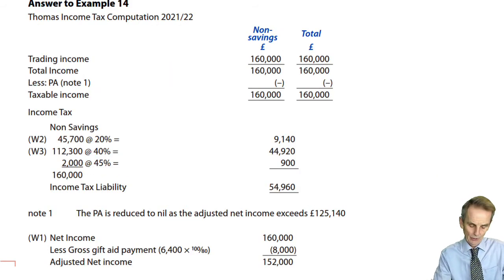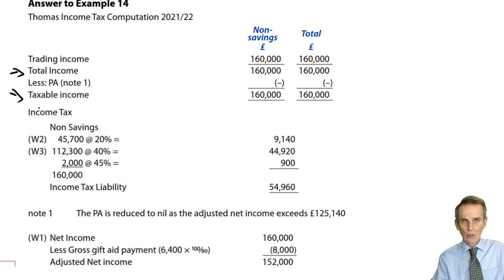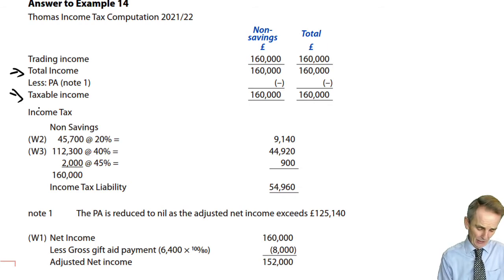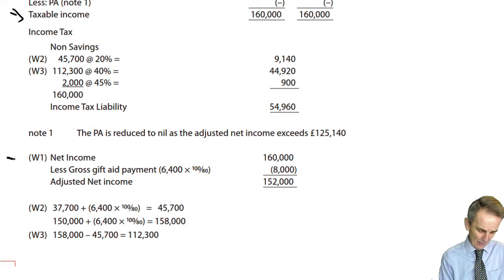Well, let's now review through that answer together. Now, as we know, the existence of a gift aid payment or a personal pension contribution does not impact at all on your total income, nor indeed taxable income figure. What does happen here, however, because that trading income is 160,000, we have to establish our adjusted net income, which we did here in working 1, where we took the net income of 160 and reduced it by the gross gift aid payment.